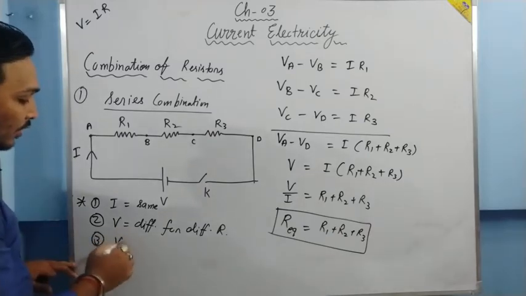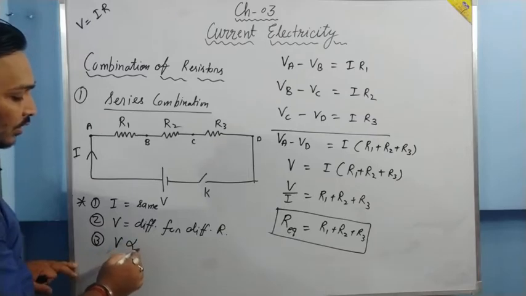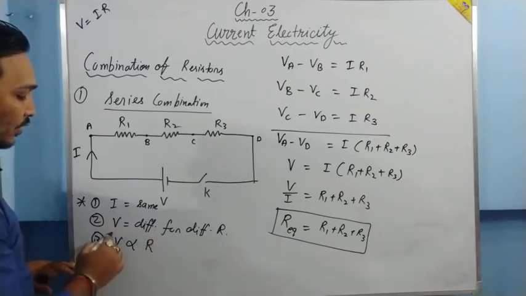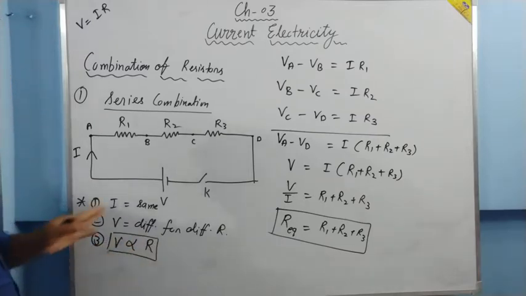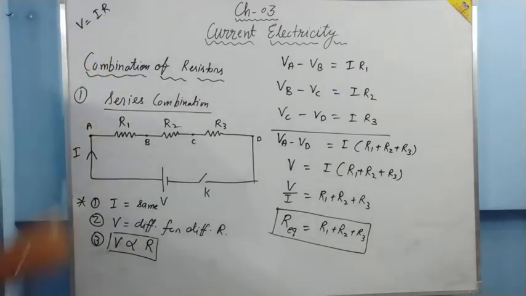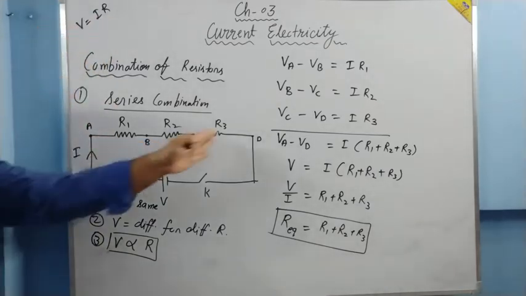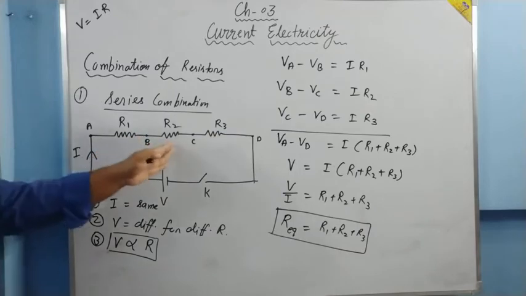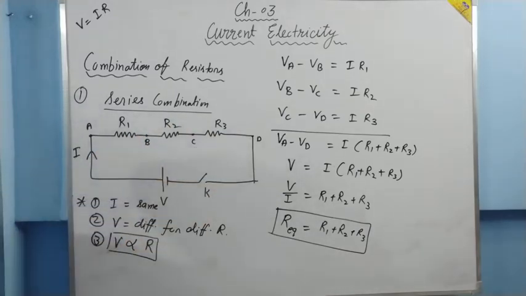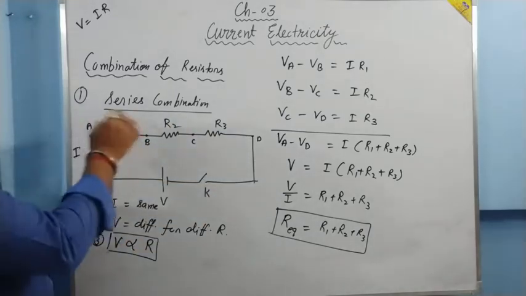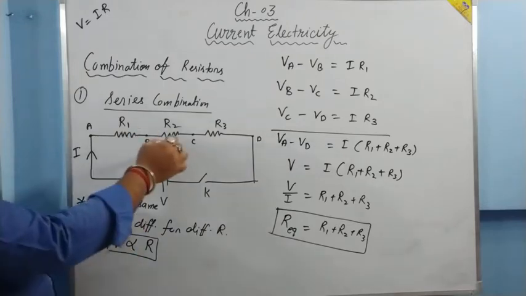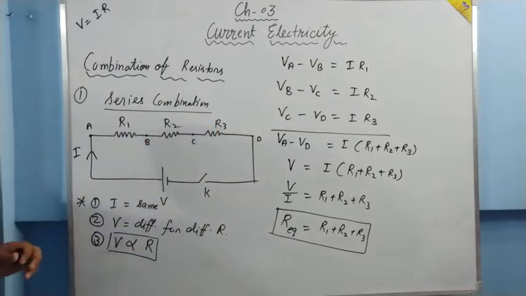Third thing, the voltage, that is the potential drop across a resistor, is directly proportional to the resistance. Since current is same, V is equal to IR. I is same through all the resistances. If this is more, this is less, and this is the least, then the voltage drop across this resistance will be more, across this it will be less, across this it will be the least.